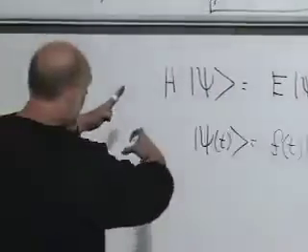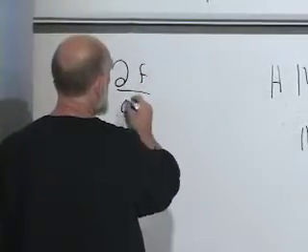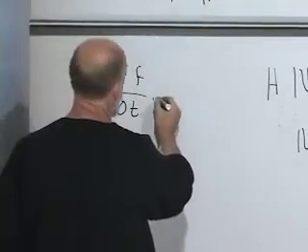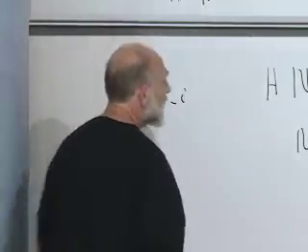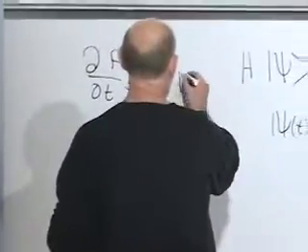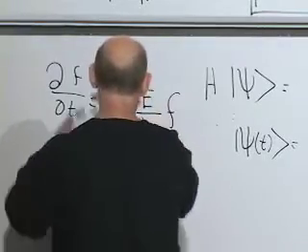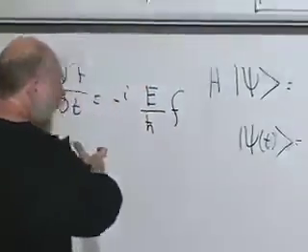We just factor out psi of 0, and what it says is that df of t by dt is equal to minus i. Now, H on psi gives E times psi. So that gives an E divided by h bar times f, all multiplying the vector psi.